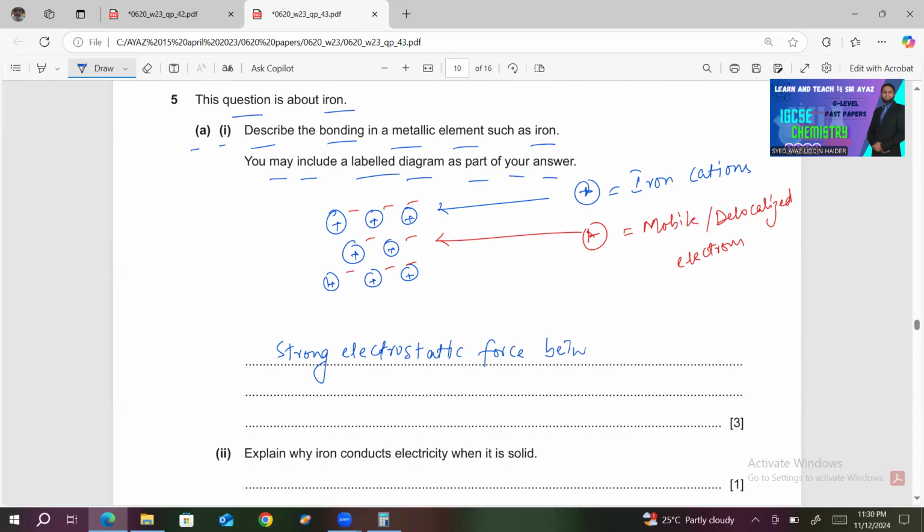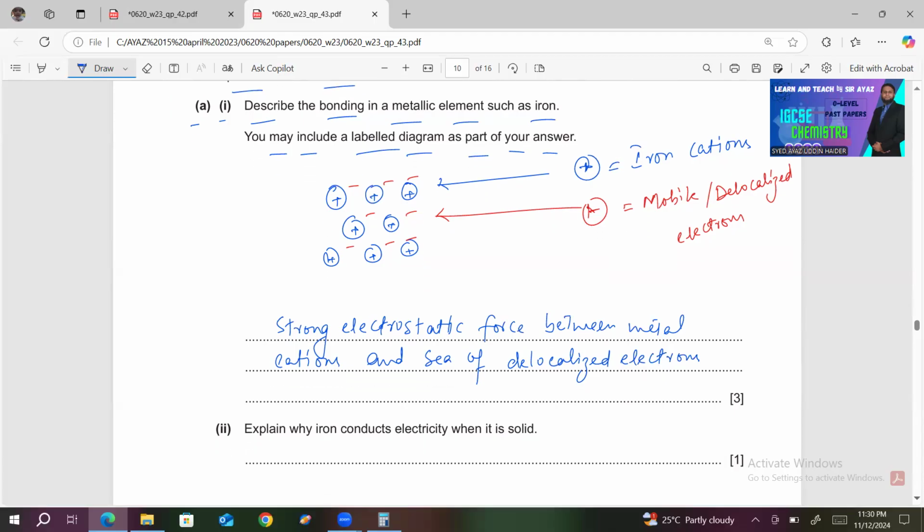The other mark for between metal cations. And the third mark, mention of mobile or delocalized electrons. In this way, you'll get all 3 marks.